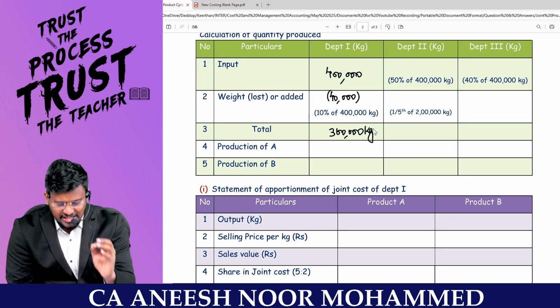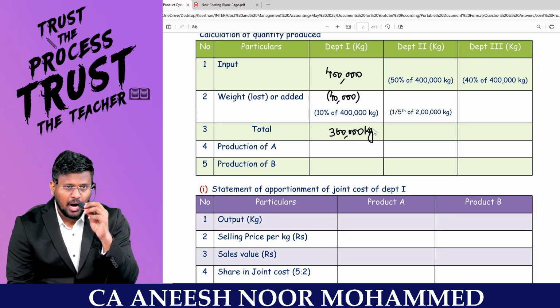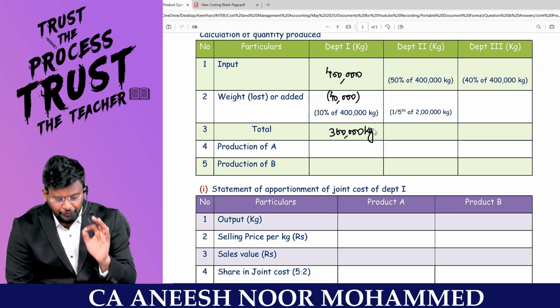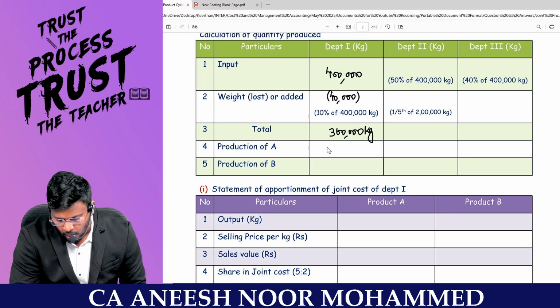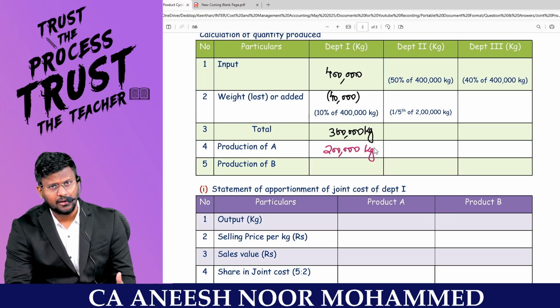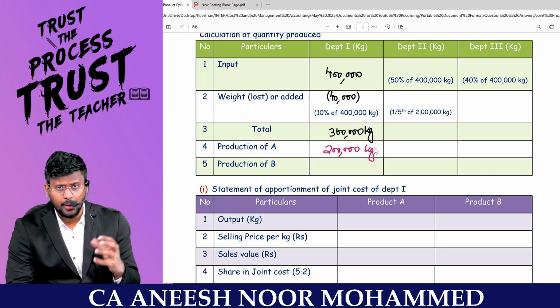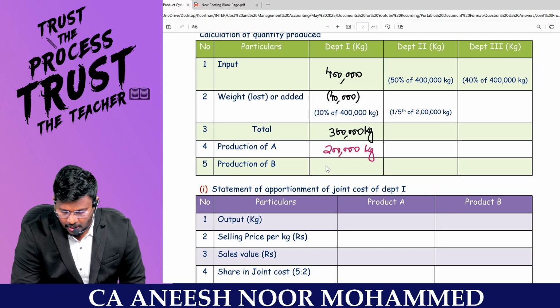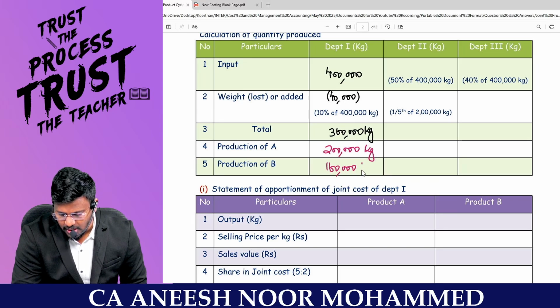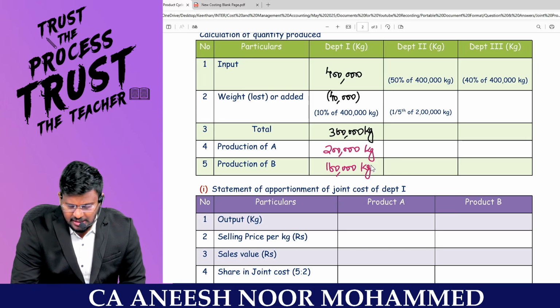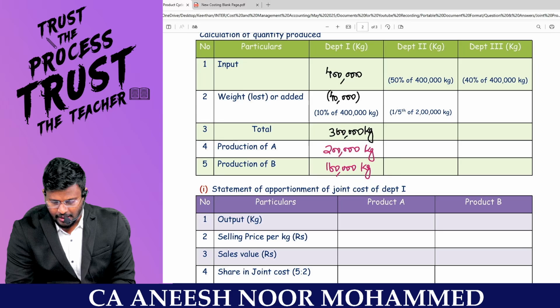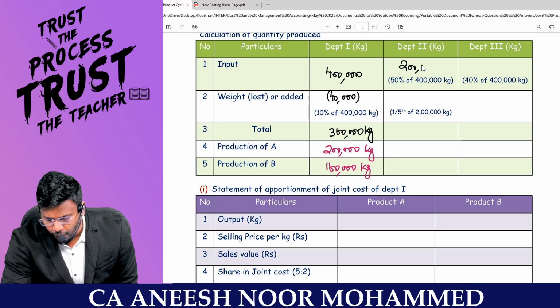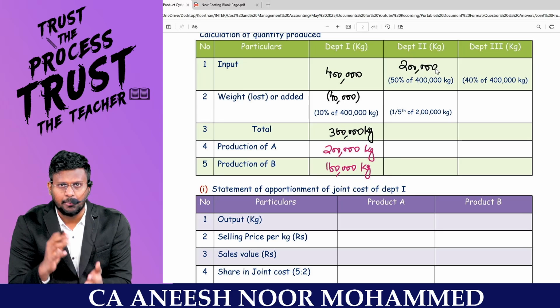And they are specifically saying that out of the total input, 50 percent will be production of A, which comes to 2 lakh kg, my dear lovable students. And 40 percent will be product B, so 1,60,000 kg. And this 2 lakh kg, which is nothing but product A, will be the input for process, that is department number 2.